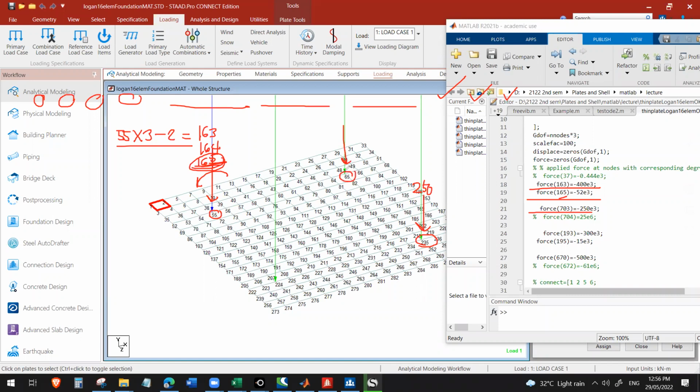Node 65, same formula, 65 times 3 minus 2, 193. Okay, and then the moment is applied at 193, 194, 195. And lastly, this is the largest vertical load, yung 500, no? Node 224, same formula, times 3 minus 2, 670.